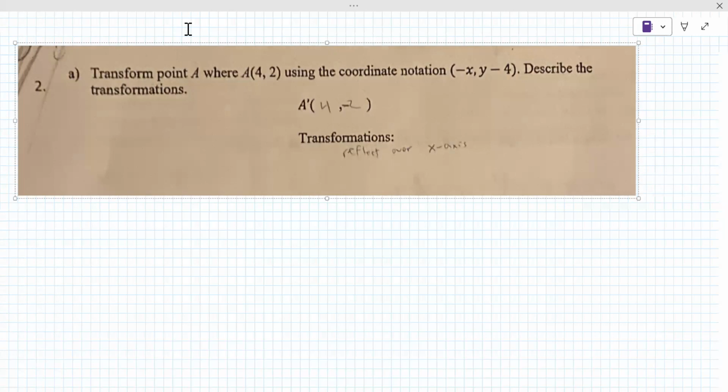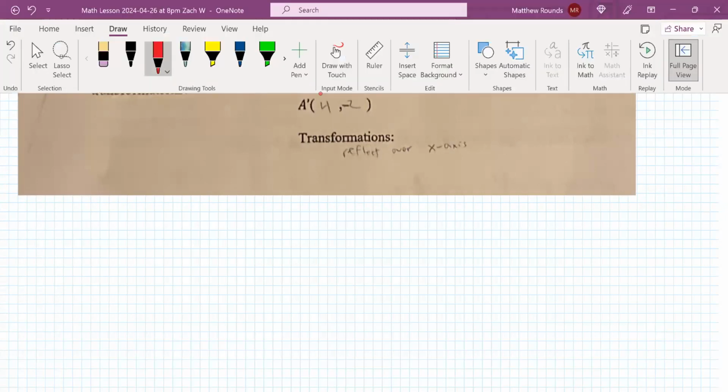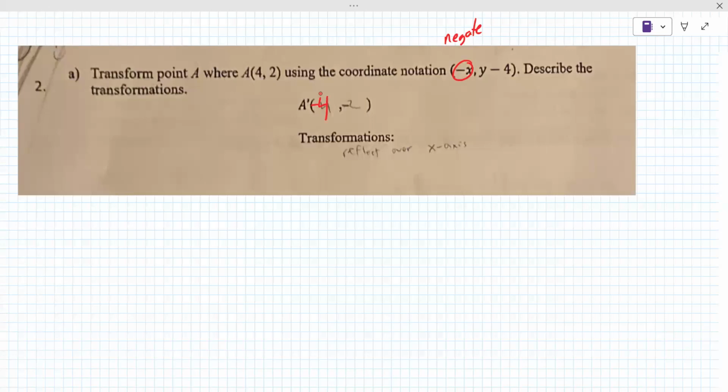All right, transform point A, where A is 4 comma 2, using the coordinate notation (minus x, y minus 4). This means to negate, so that ends up being minus 4 there. You're negating that x value.